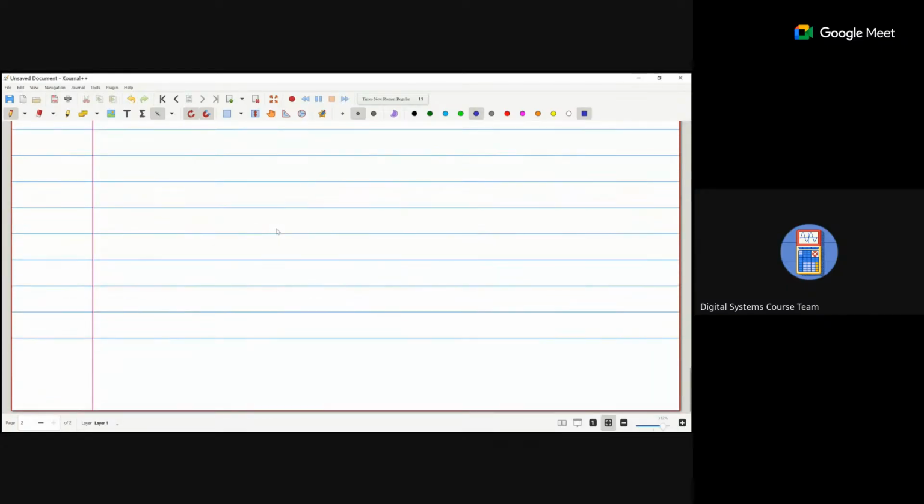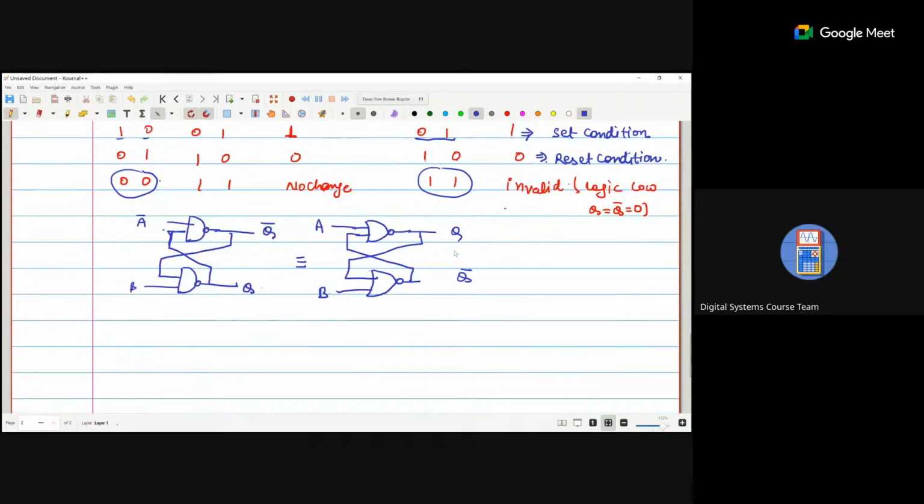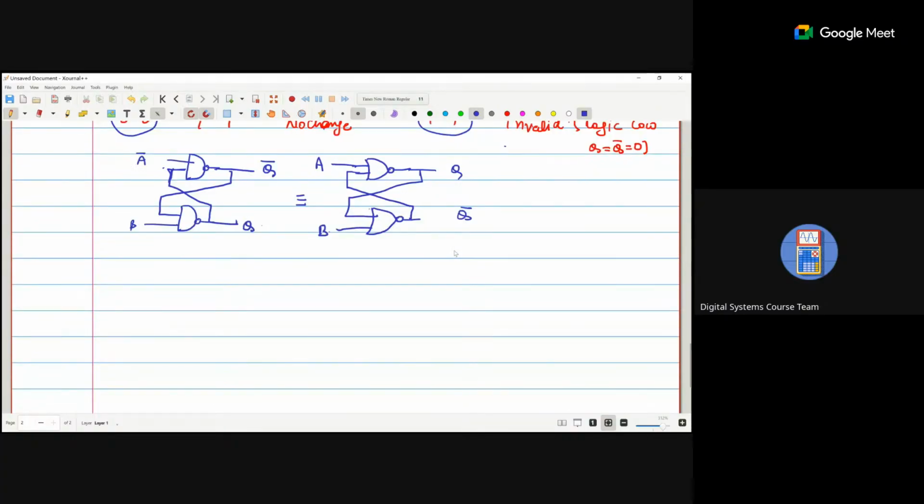Fine. After that, we want to control this particular latch with the clock. So we require one clock. Now where do we implement the clock?